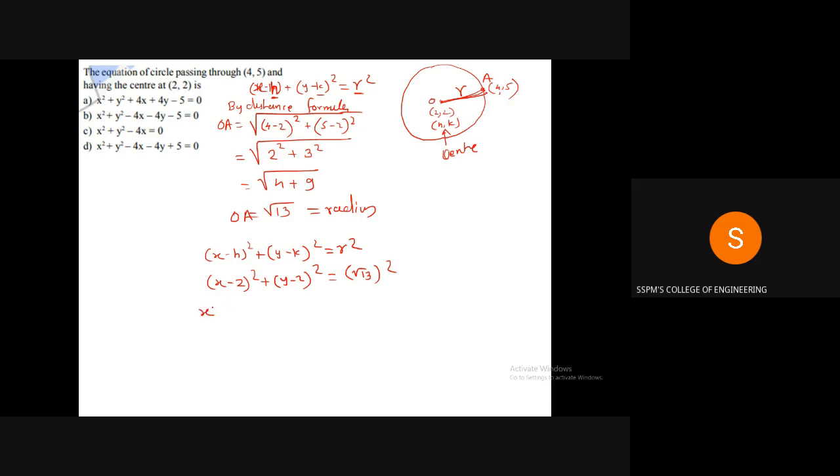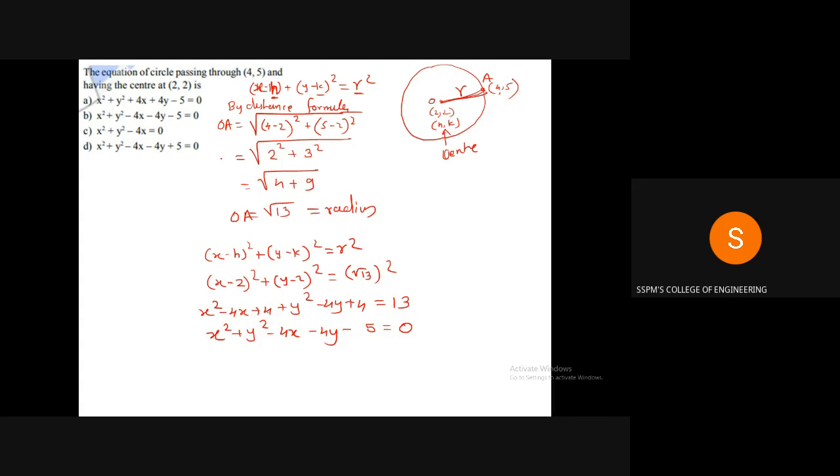We get x² − 4x + 4 + y² − 4y + 4 = 13, since (root 13)² is 13. If we simplify this, we get x² + y² − 4x − 4y, and subtracting 13 from both sides, 4 + 4 is 8, 8 − 13 is −5, equal to 0.